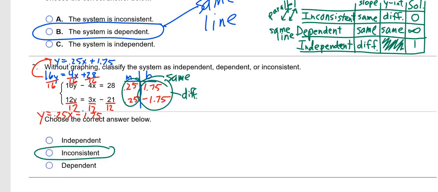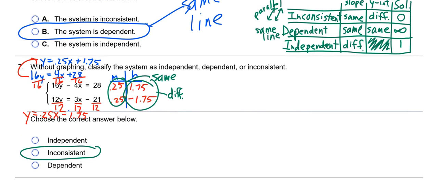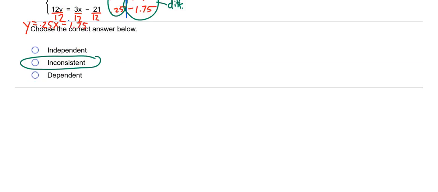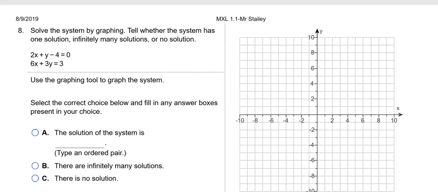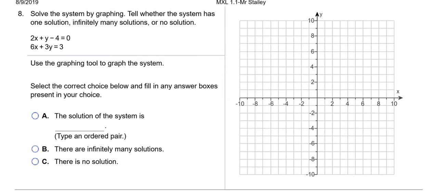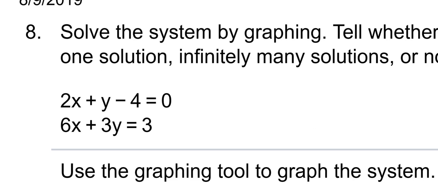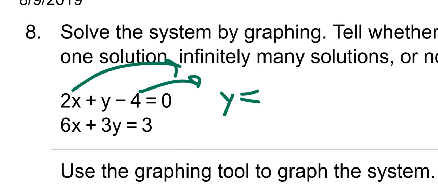Sorry, were there any questions on that? Okay. Question 8. Get y by itself. Looks like I'm moving 2 things to the other side. So y equals what? This should be pretty quick.